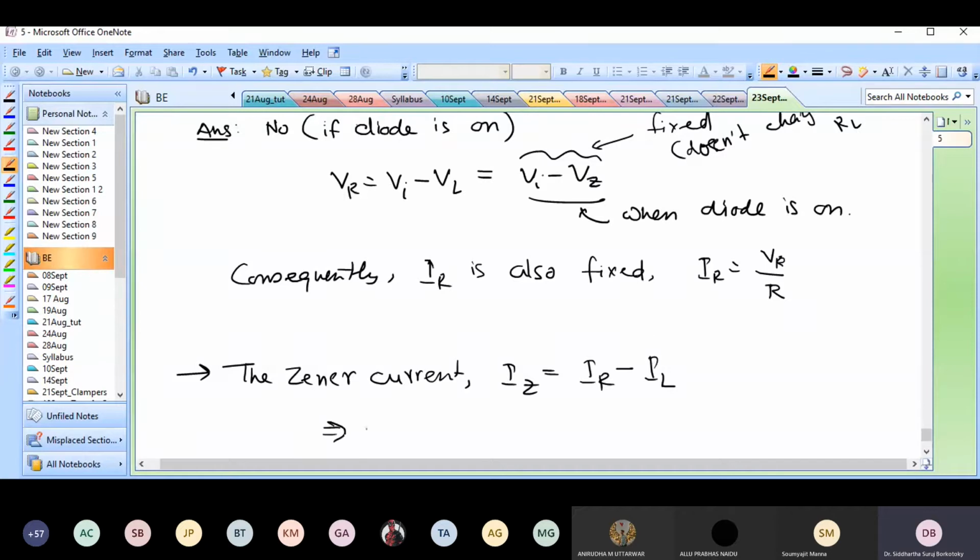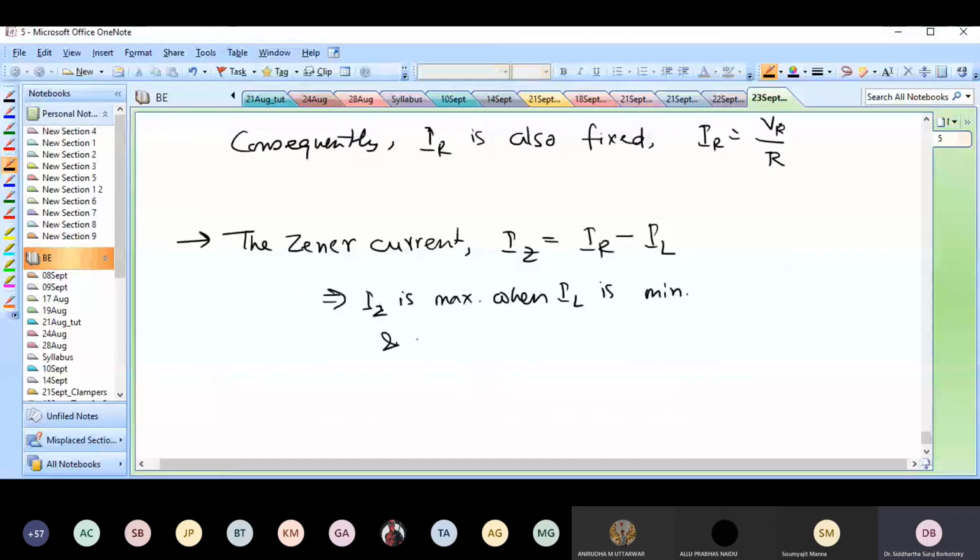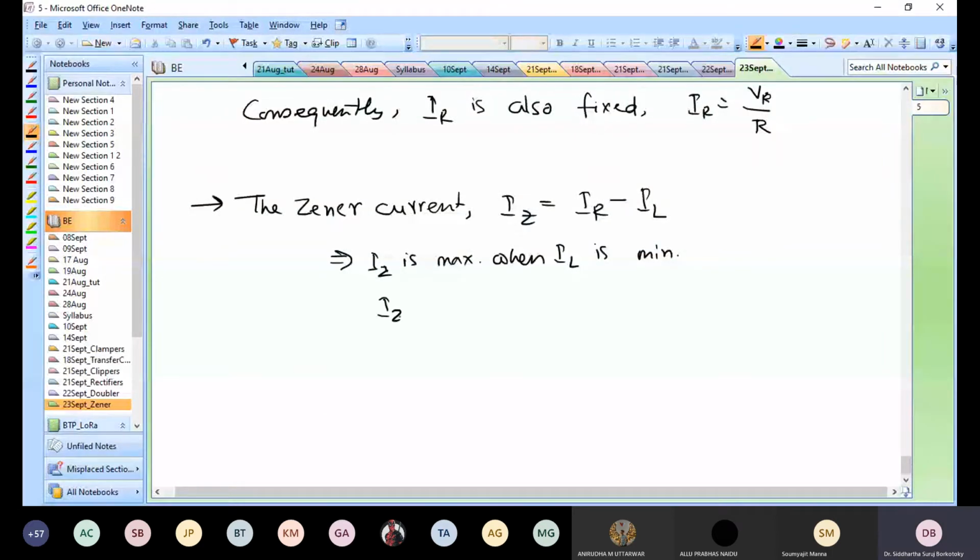So this implies that IZ is maximum when IL is minimum, and vice versa. Let me write it down here. IZ is minimum when IL is maximum.